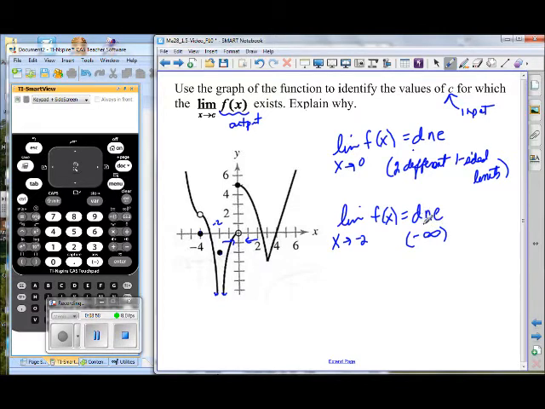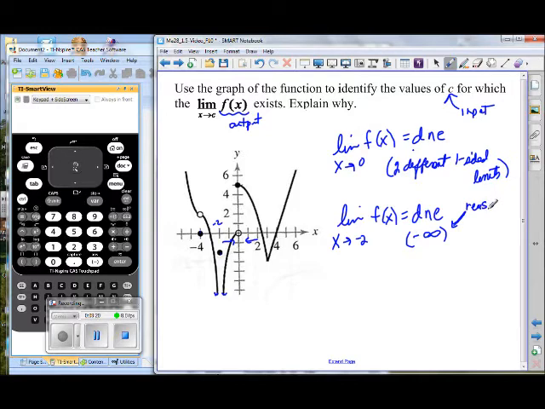The reason I disagree with that is -infinity is not a number. It is a destination that we can never achieve. We can never get to there. It's just an idealistic destination out there. The limit does not exist, and this then is the reason why it does not exist.